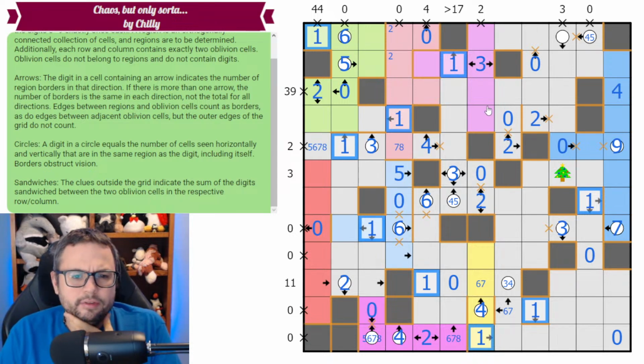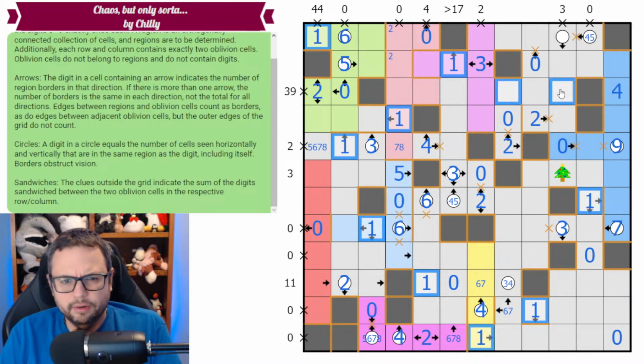Let's see. People would like to do the same thing for ones. So row 4's 1 could be here or here.